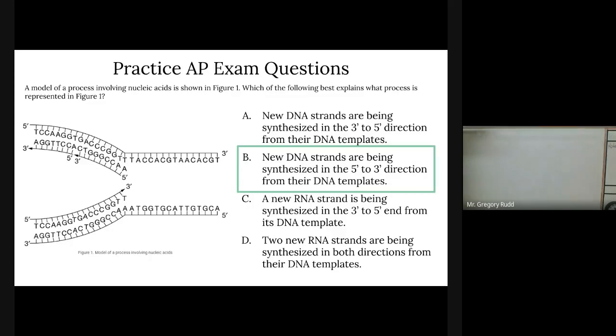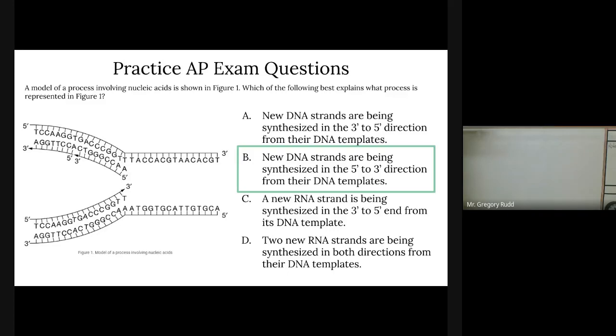Hold on a second. Okay, so the leading strand, 5 prime, and 3 prime is over here. Now keep in mind that the 2 strands always have to be anti-parallel. When I put a new strand here, this is its 5 prime end, and this is its 3 prime end.